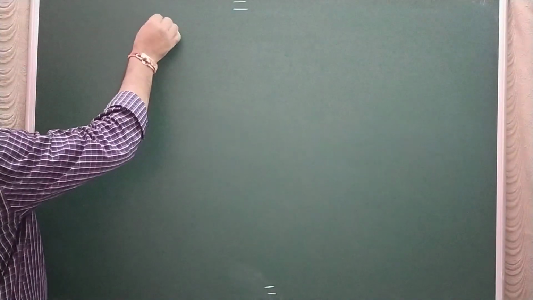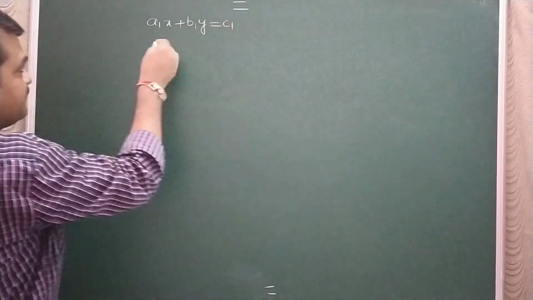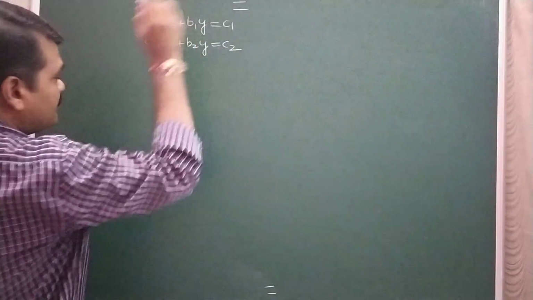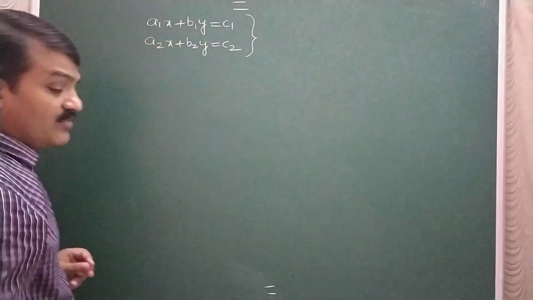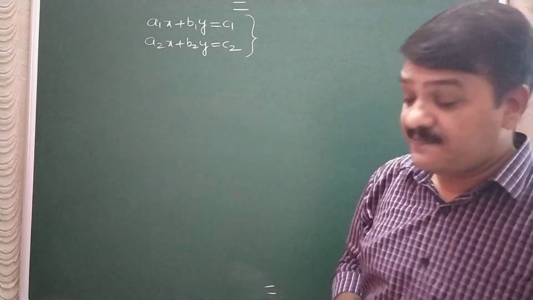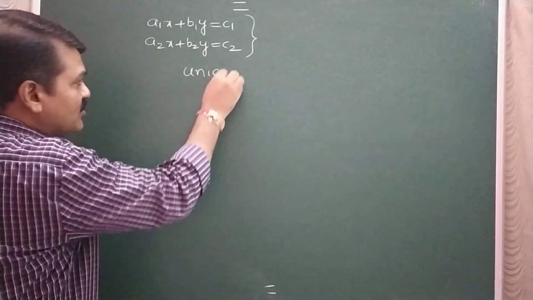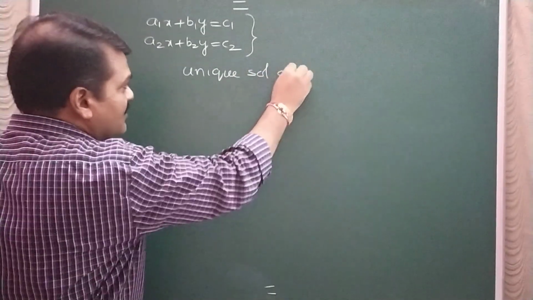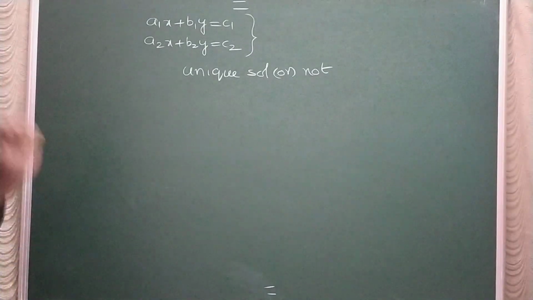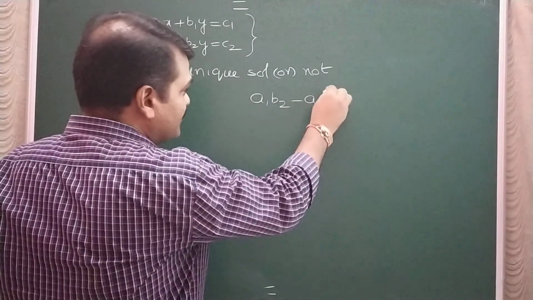If we are taking a1x plus b1y is equal to c1, a2x plus b2y is equal to c2, for this system of linear equations, whether this set of equations has a unique solution or not is determined by this value.